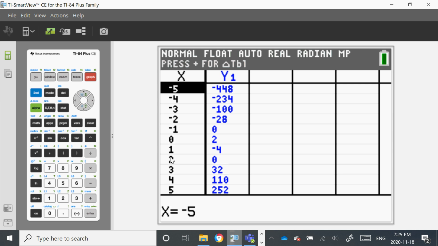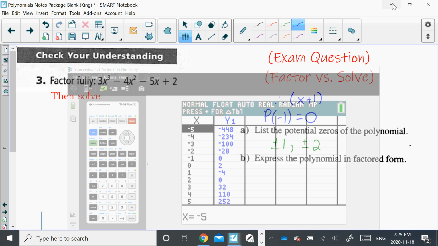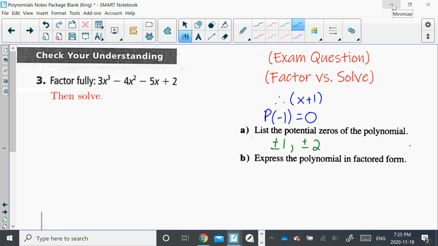So x equals 2 is one of the x-intercepts, or one of the zeros. So let's write that down. p of 2 is equal to 0. Therefore, a second factor that I know is going to be x minus 2. So I've just gotten 2 factors I know for sure.